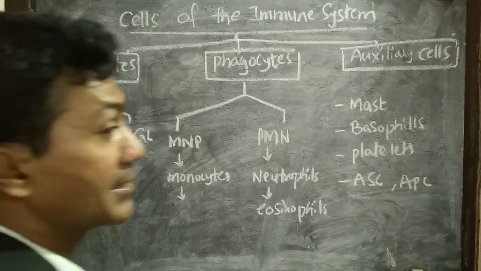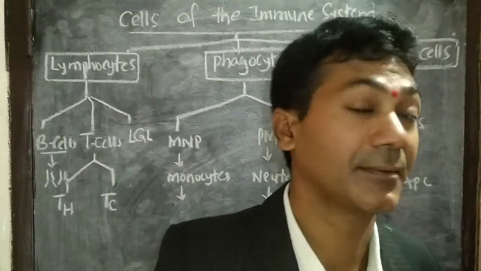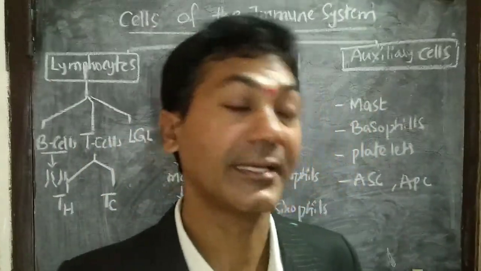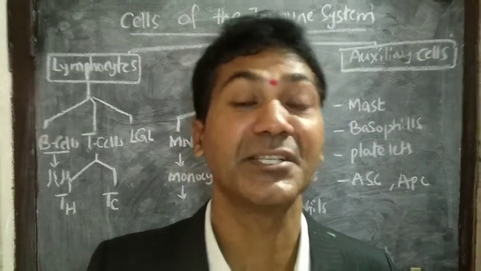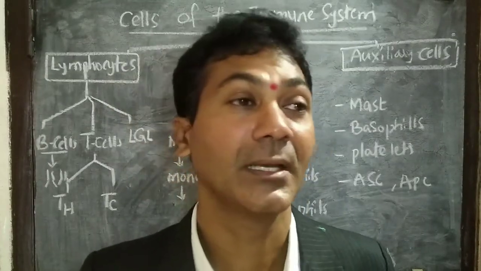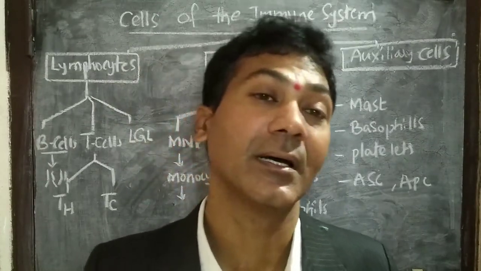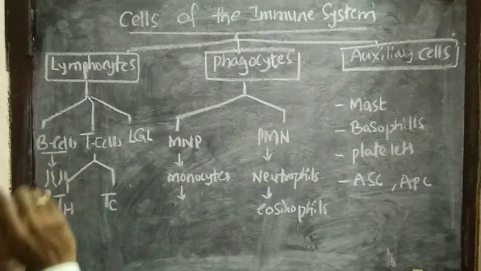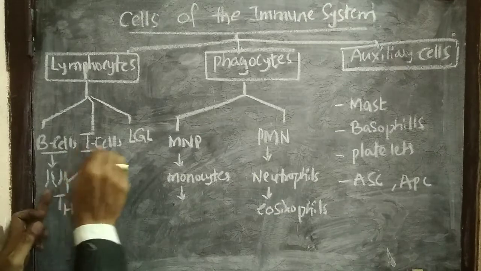Antibodies are very important proteins which react with the antigen, so that an antigen-antibody complex will form. Later this antigen-antibody complex gets removed. So antibodies are produced from the B cells, and then T cells.